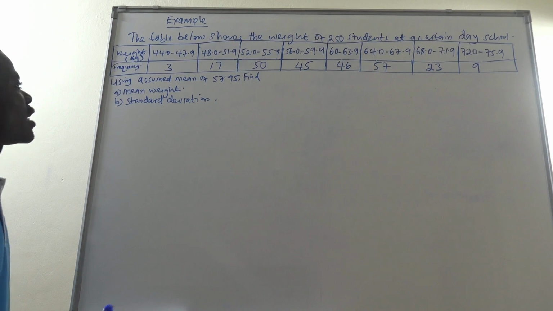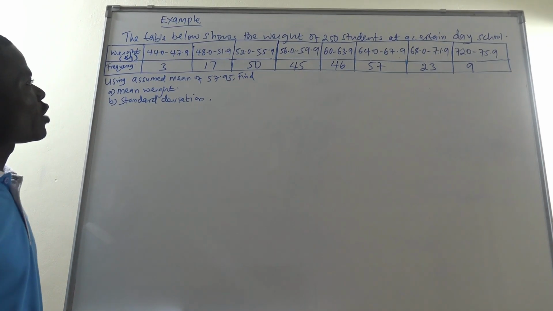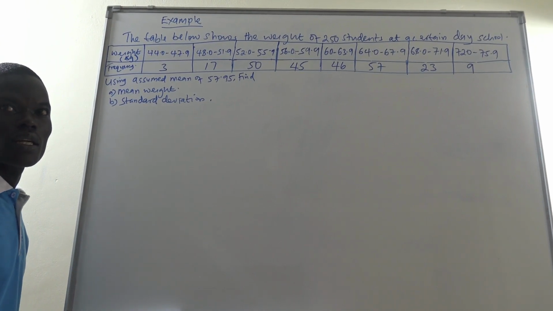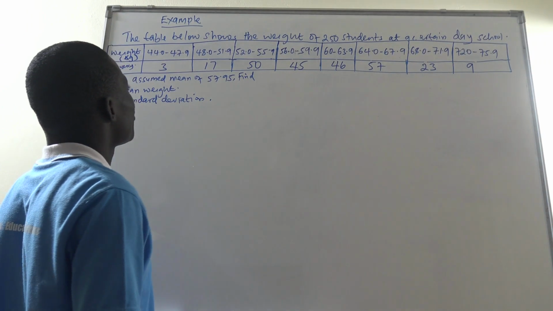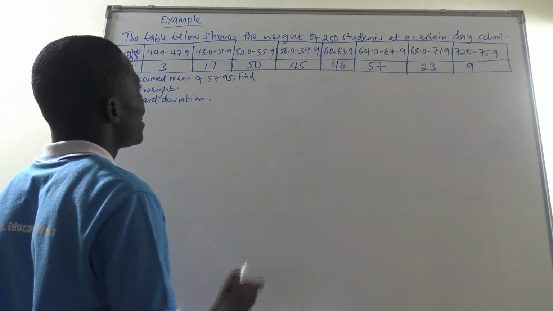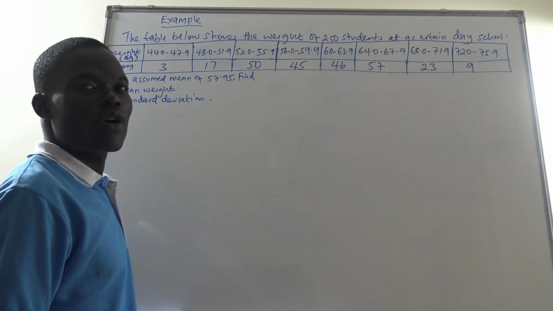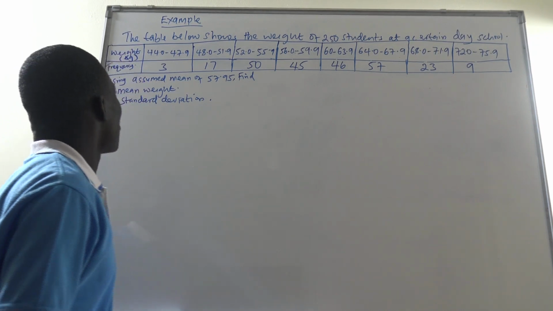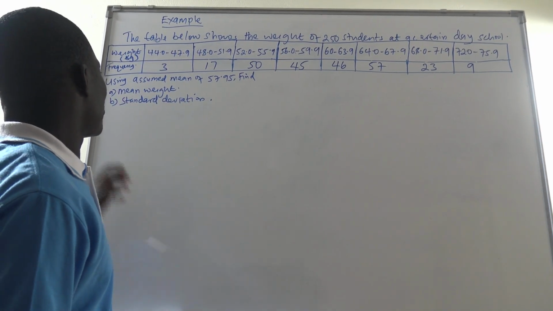The table has classes starting from 44.0 to 47.9, and 48.0 to 51.9, up to 72.0 to 75.9. Their respective frequencies are also given.